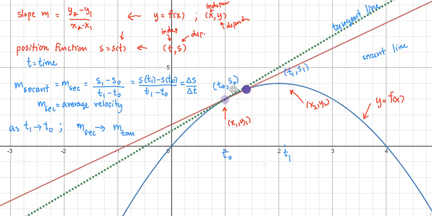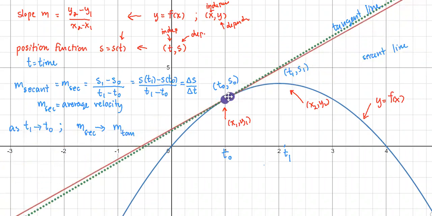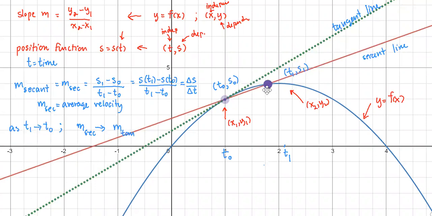You guys okay with this? So it's coming closer and closer. So that means as far as I get them very close to each other, I almost get exactly the same line.